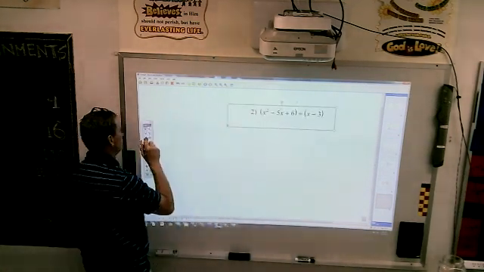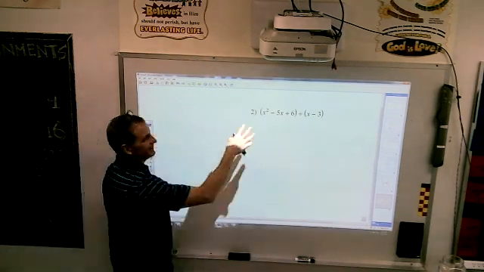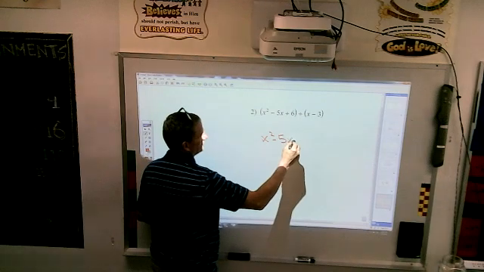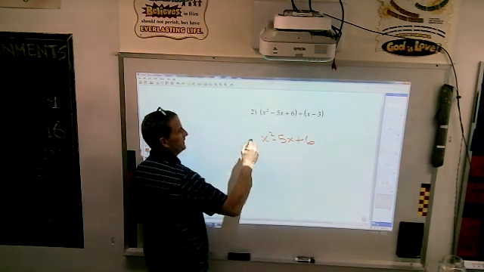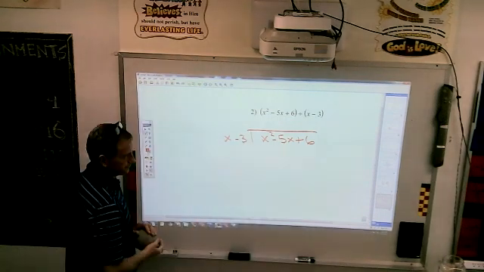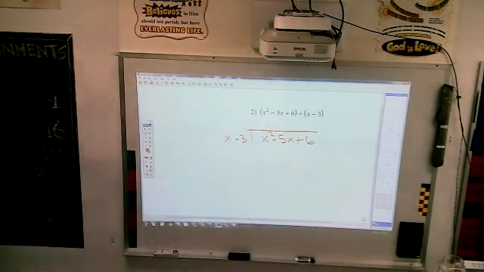So, here's what number 2 looks like. Same thing. It's this being divided by that. So you go x squared minus 5x plus 6 is being divided by x minus 3.